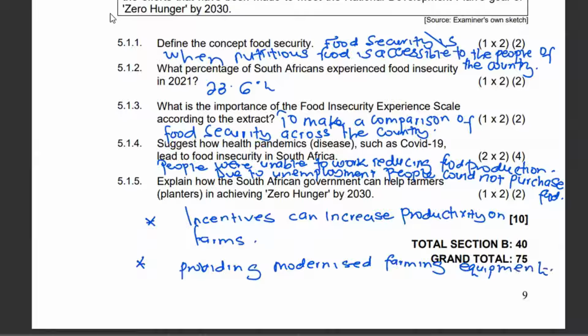Providing modern farming equipment will increase productivity.